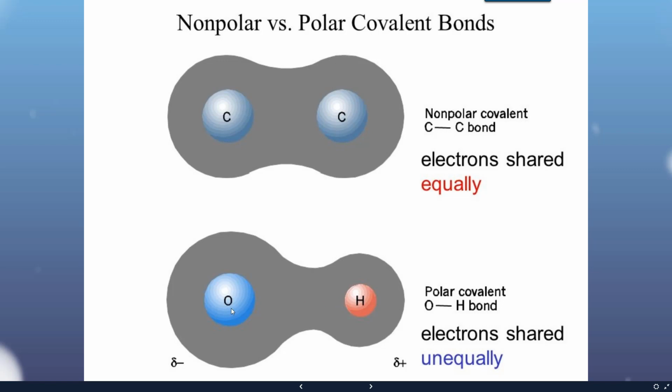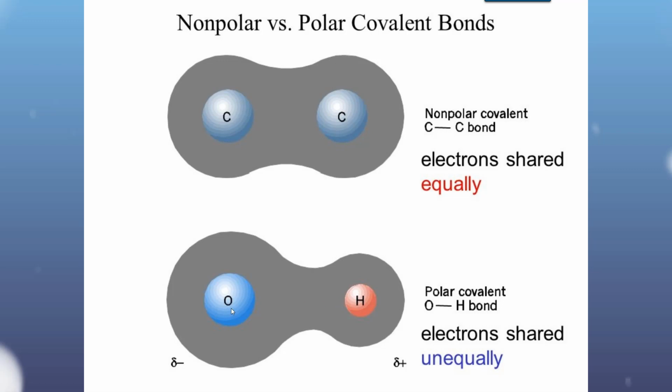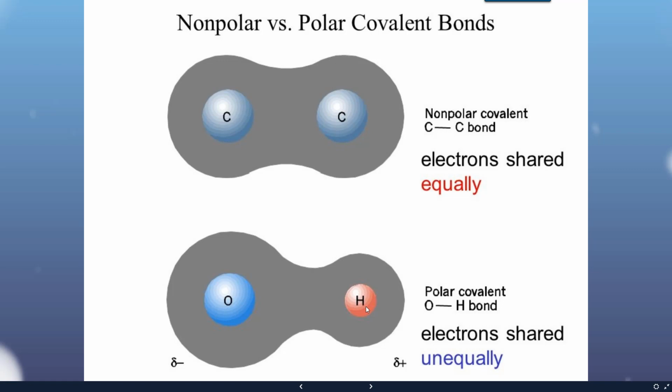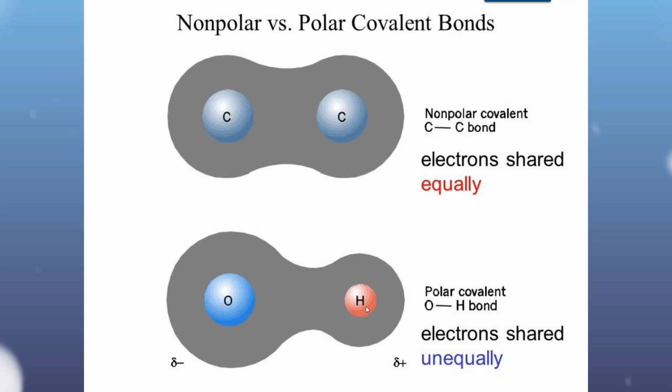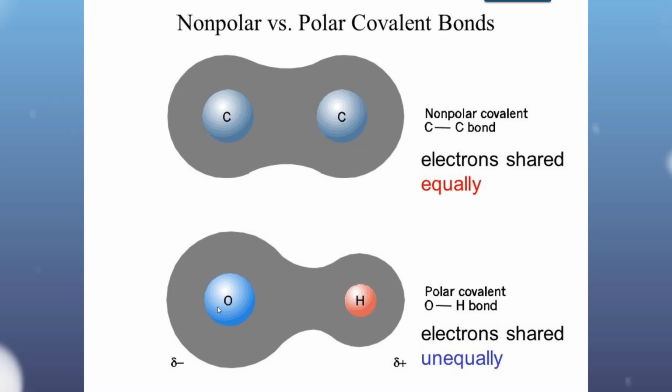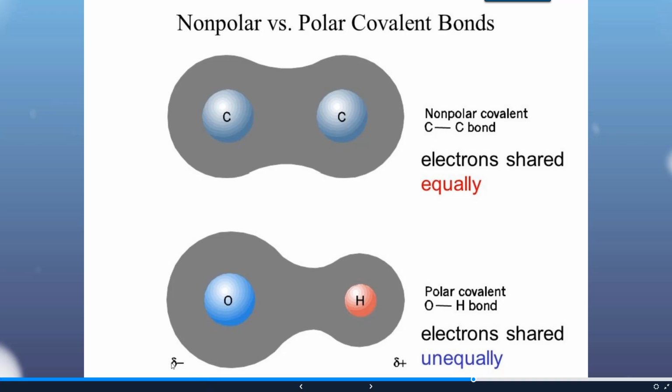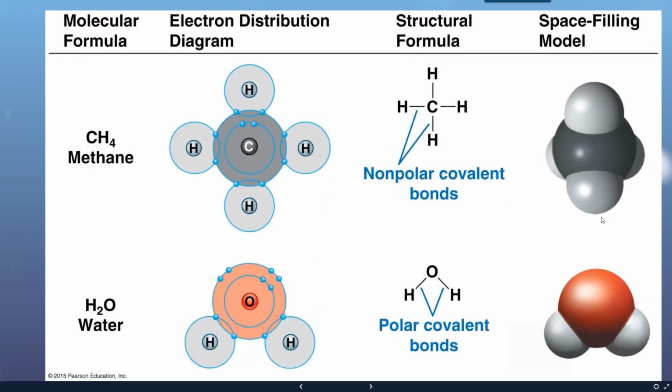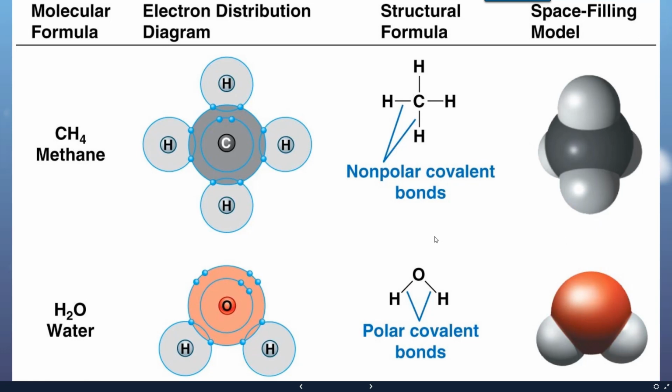There are 8 protons within the oxygen atom, and there is only 1 proton within the hydrogen atom. So the oxygen atom has a much greater pull on that electron that's being shared than the hydrogen does. This results in what we call a slight negative or slight positive charge, and a difference in the electronegativity.